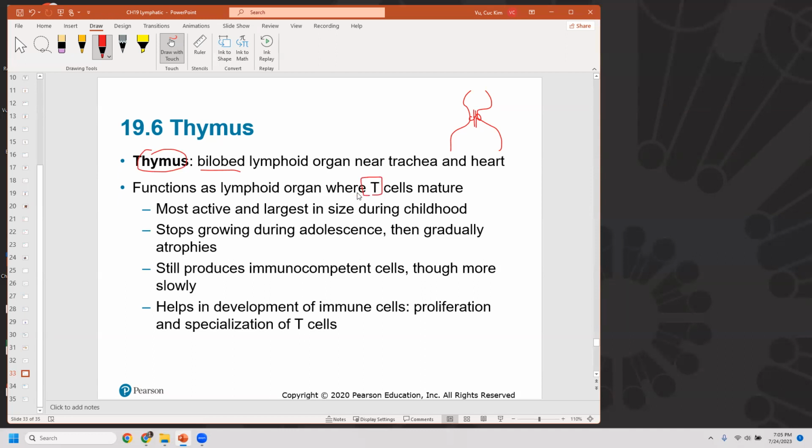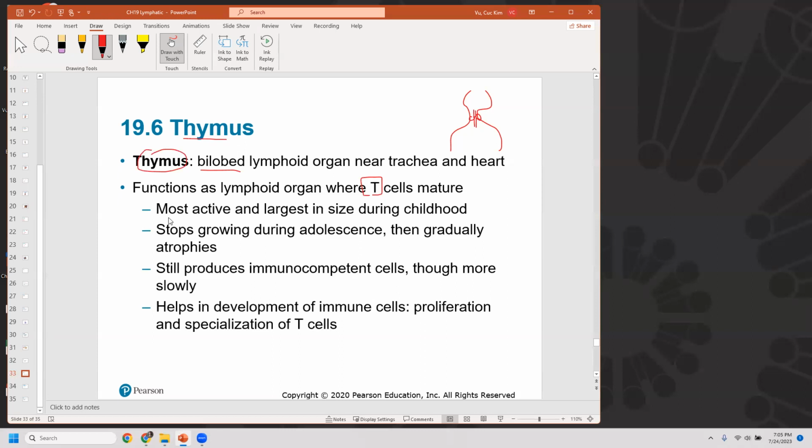That's why they're called T cells: they matured in the thymus, which starts with a T. So the lymphocytes will go to the thymus and make all of these T cells. That's one of the main functions of the thymus. It has other functions, but that's one of the main ones.